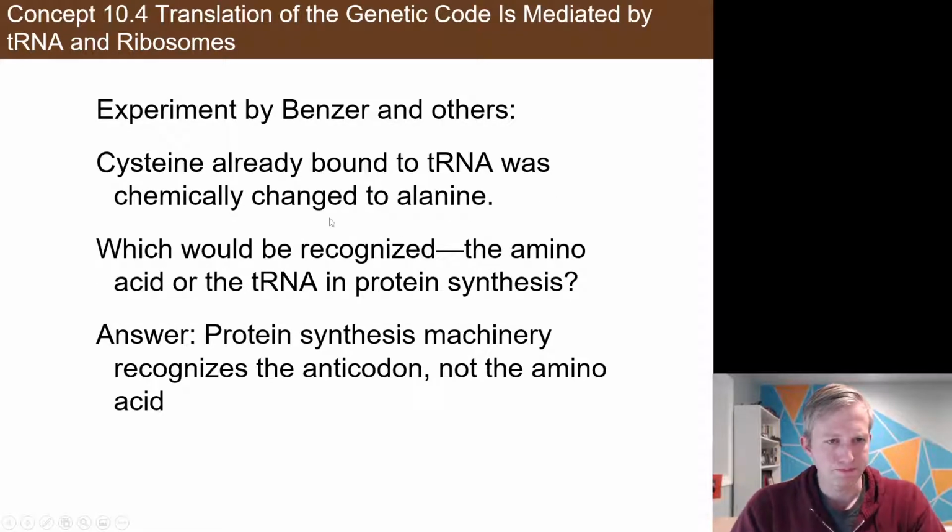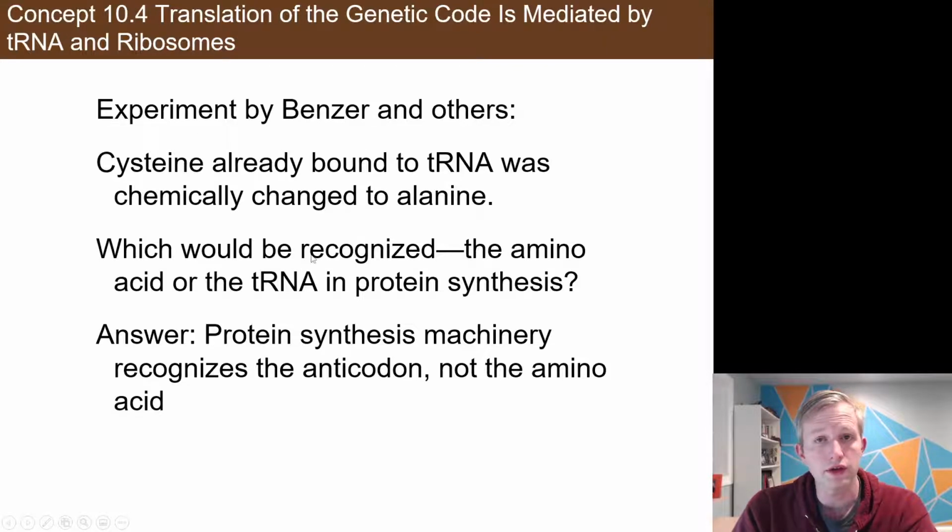Interestingly, an experiment was done where they took tRNA that had cysteine, and they ripped off that cysteine and stuck on an alanine instead. And basically, they're asking the question: is it the amino acid or the tRNA itself that dictates how it's going to be a part of protein synthesis?